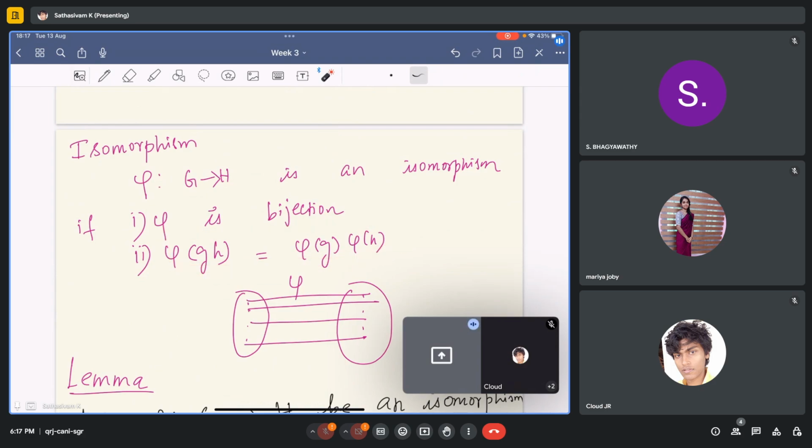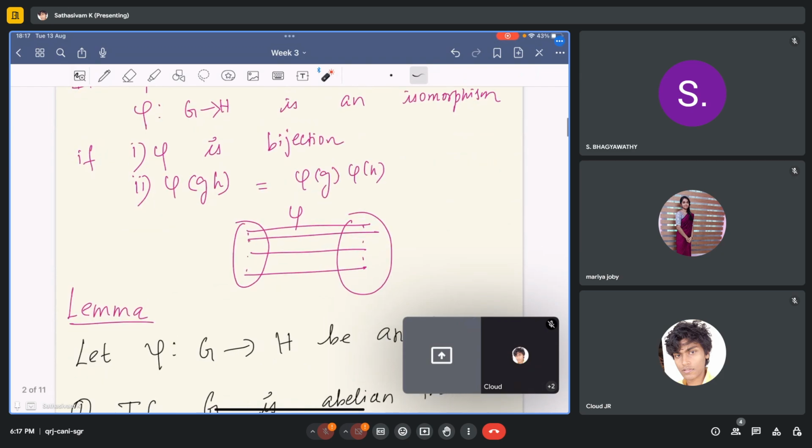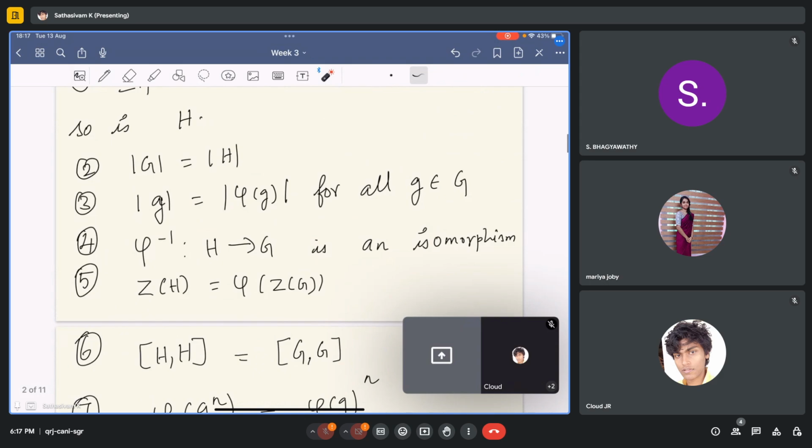Okay, but if you want to go for, let's say, topological spaces, this will not be true for a topological space. In topological spaces, there is an equivalence called homeomorphism. We say when two topological spaces are equivalent. But the problem there is, in general, it need not be true. Okay.